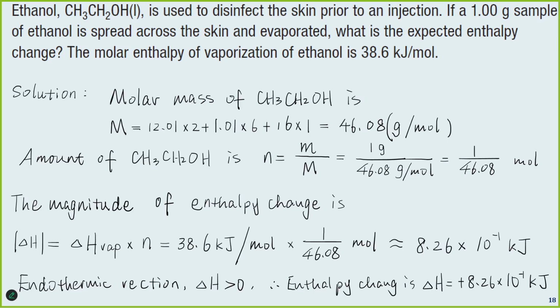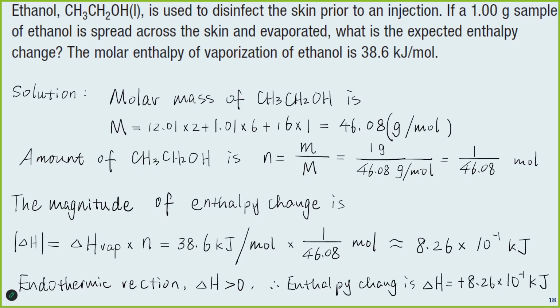Then we know the magnitude of the enthalpy change is given by ΔH vaporization multiplied by the quantity of the ethanol n. And putting all these numbers in, we have 38.6 kilojoules per mole times 1 over 46.08 moles, and this will give us approximately 8.26 times 10 to the power of -1 kilojoules.